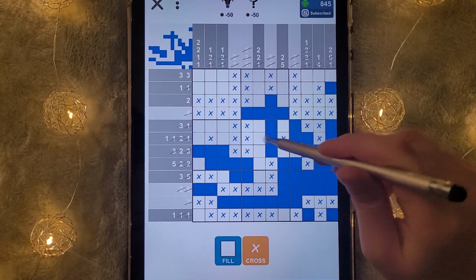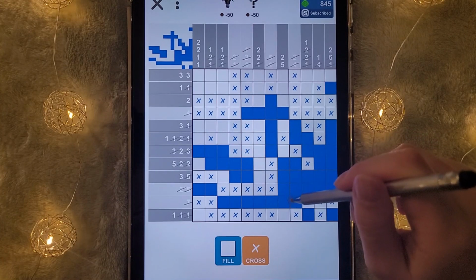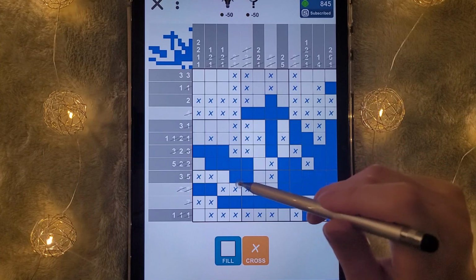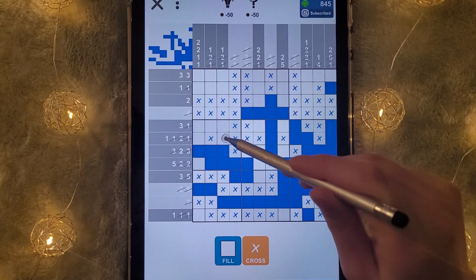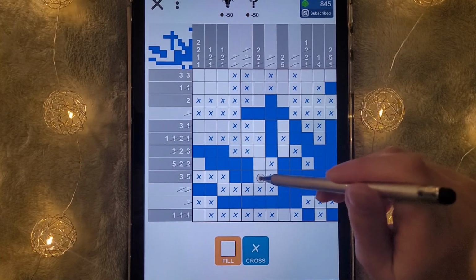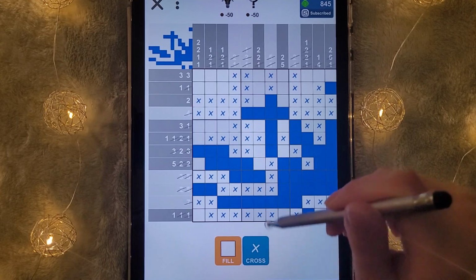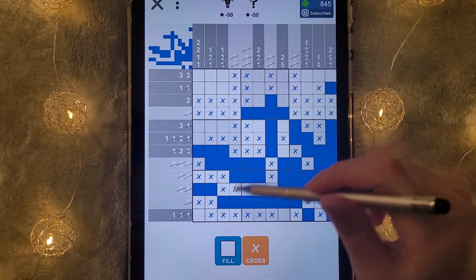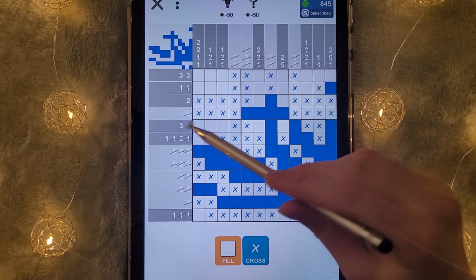Okay, let me put an X for this one here. And I can fill in X's for this 2, which means I can fill in that 3. I can fill in 1 for the 2. Fill in that for the 2.